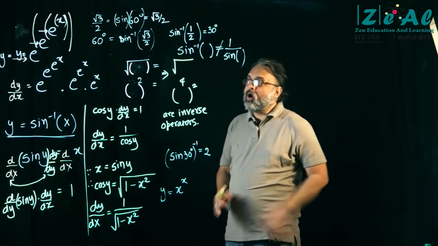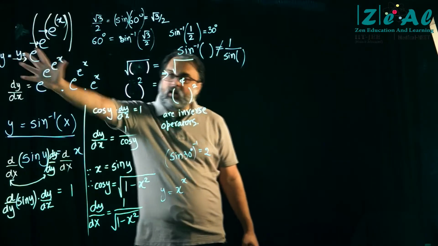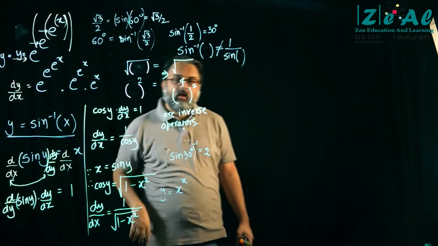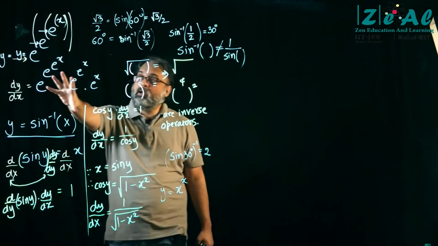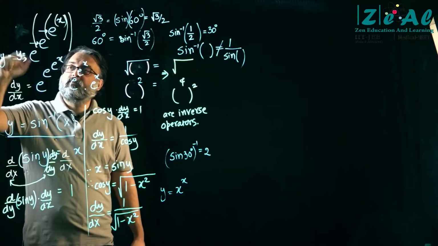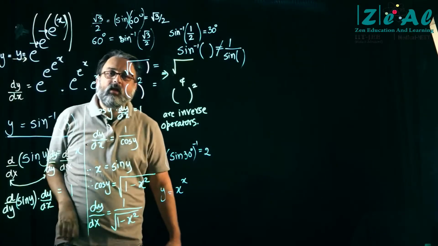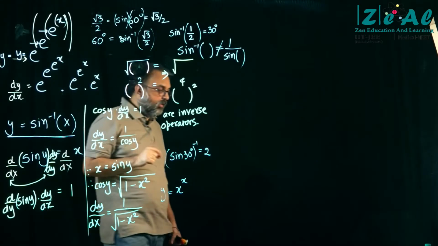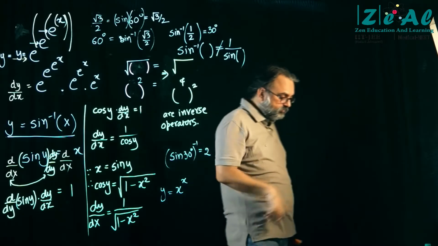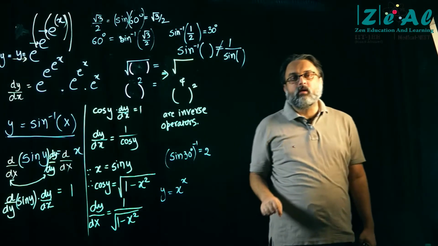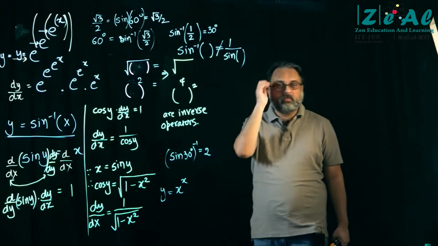Now you cannot apply this method for this one, because when you came in from the left, we had e raised to the power something, and in our table we already have e raised to the power x, right?